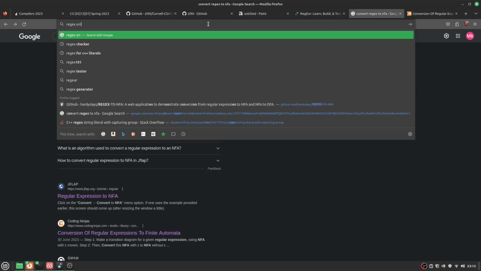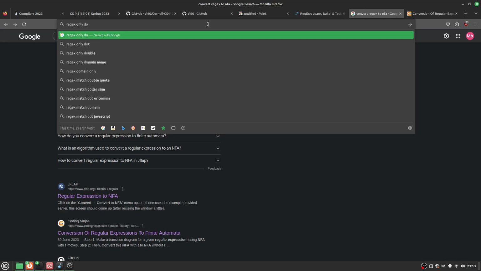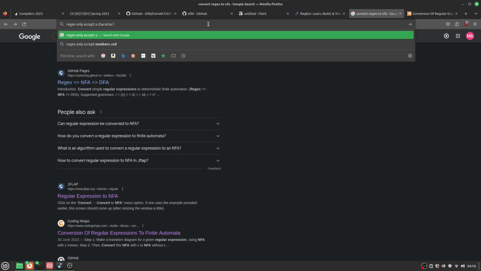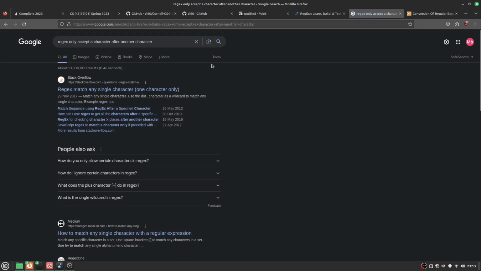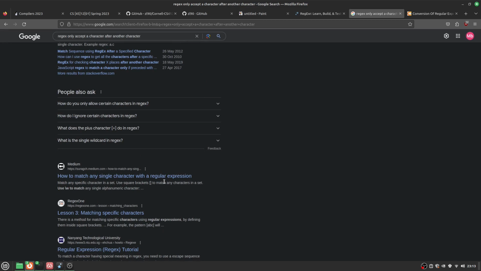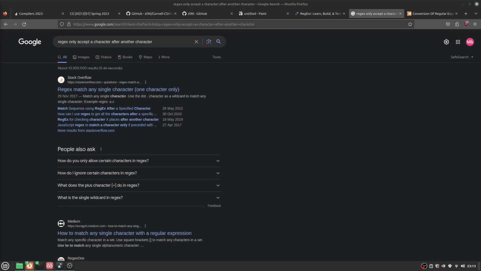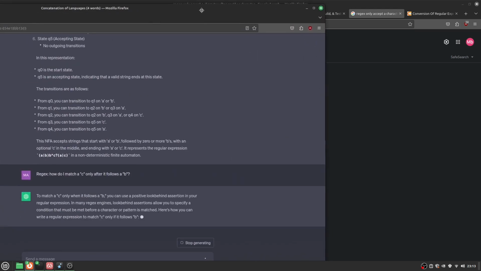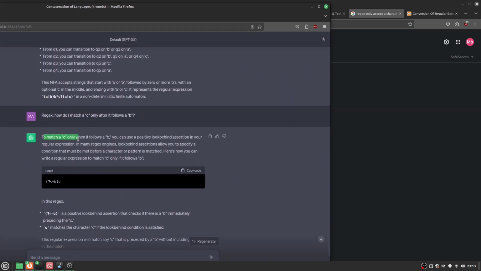Regex. Got to ask ChatGPT. Here we go. To match a C only when it follows a B, you can use a positive look-behind assertion in your regular expression.